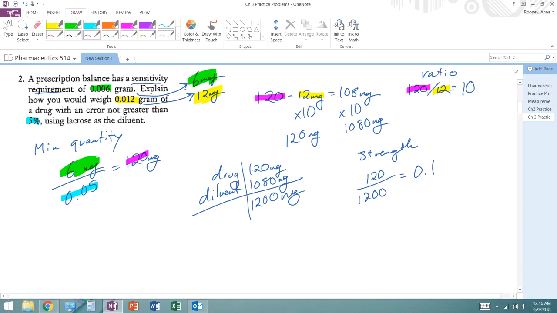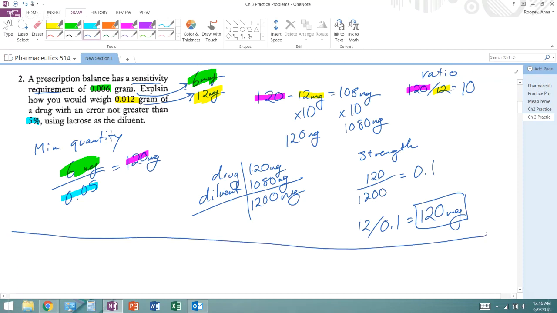And so we take the desired amount. So our desired amount is 12, and then divide it by our percent strength. And so we find 120 milligrams needs to be weighed at the end. So if you can follow that.